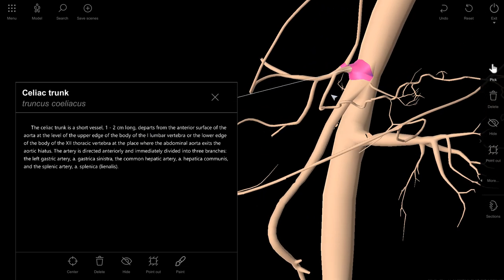When I turn our model from lateral side, we can see that really it's quite short, 1 or 2 centimeters.